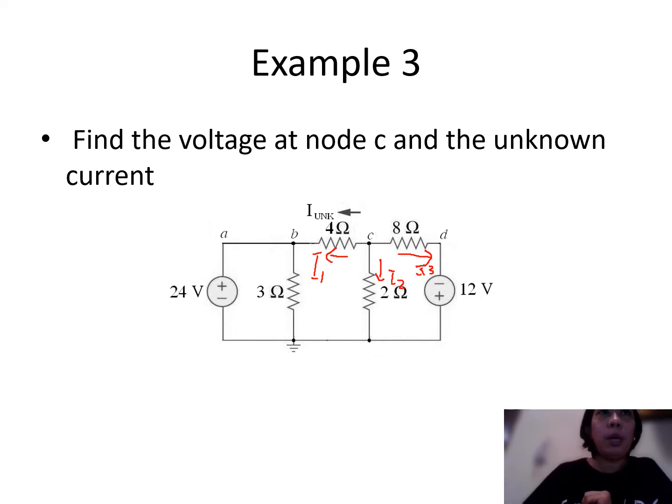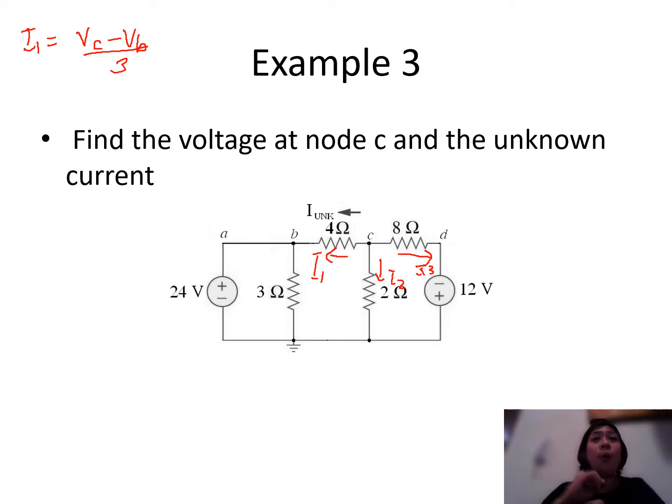What is our equation for I1? Our equation for I1 is equivalent to VC minus VB all over 3.